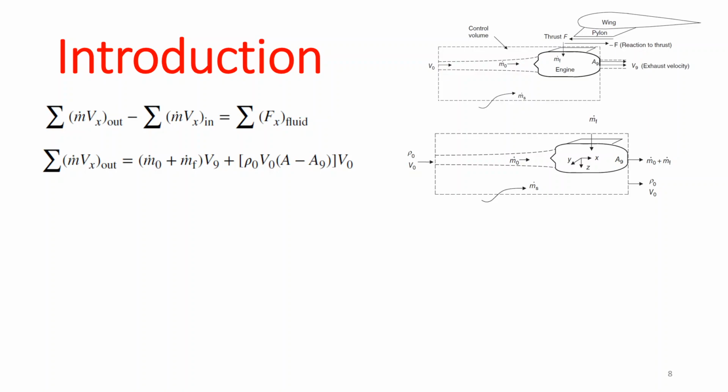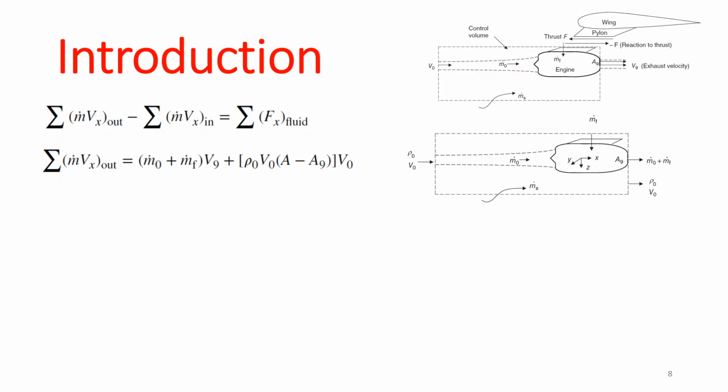So what is coming in here? So this portion is just m dot naught. But since you have the density and area, and this portion is supposed to be not affected by the inlet, you can look at the whole thing as one whole section of the control volume.